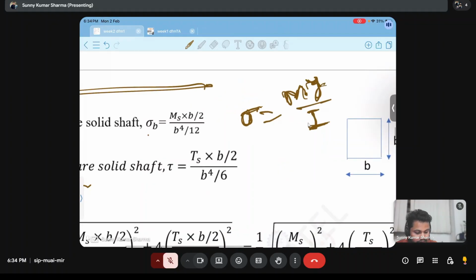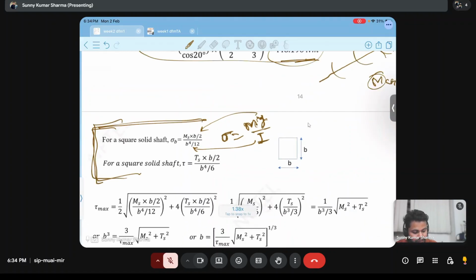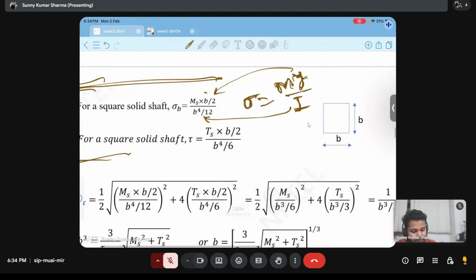Here sigma b is equal to M for a square section. The y value is b by 2, and the moment of inertia is b to the power 4 by 12. We need to find that b value.